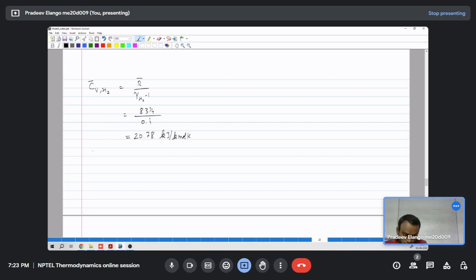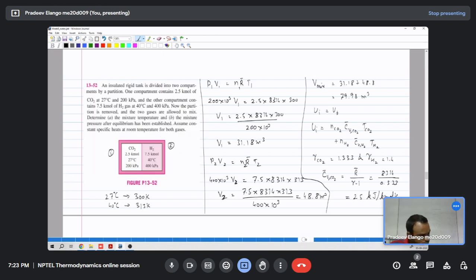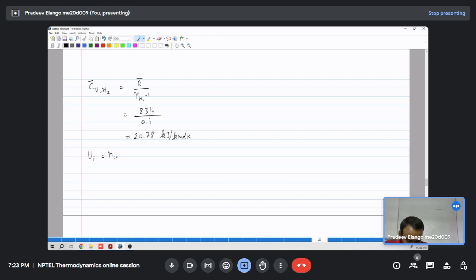Now, to calculate the initial internal energy, we write initial internal energy as internal energy of CO2 plus internal energy of hydrogen.